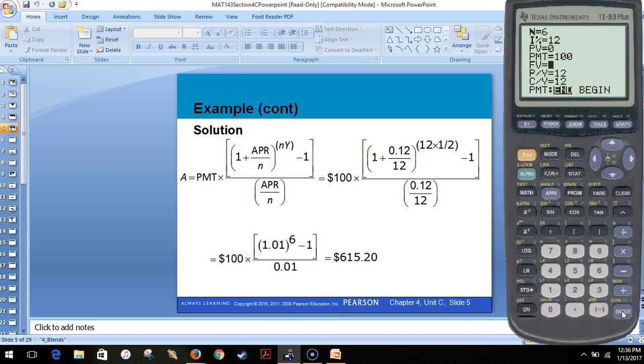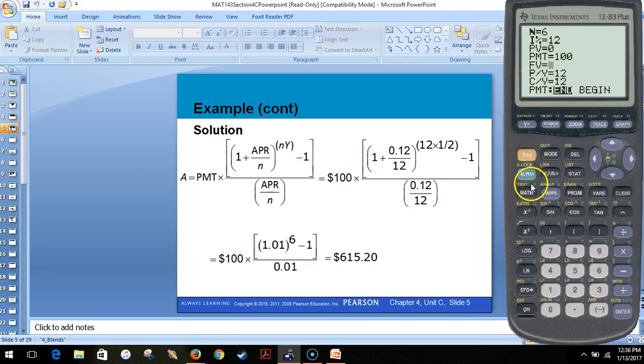And now I'm going to go back up to FV, which is future value. So if I'm putting $100 in a month and I'm earning interest compounded monthly, how much will I have in the 6 months? This is the tricky part. 0 is a number, so I'm going to need to clear that number out so that it's actually completely blank.